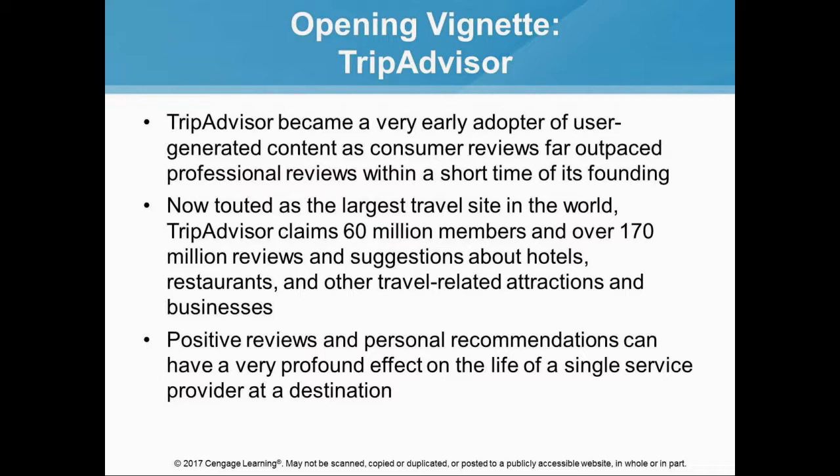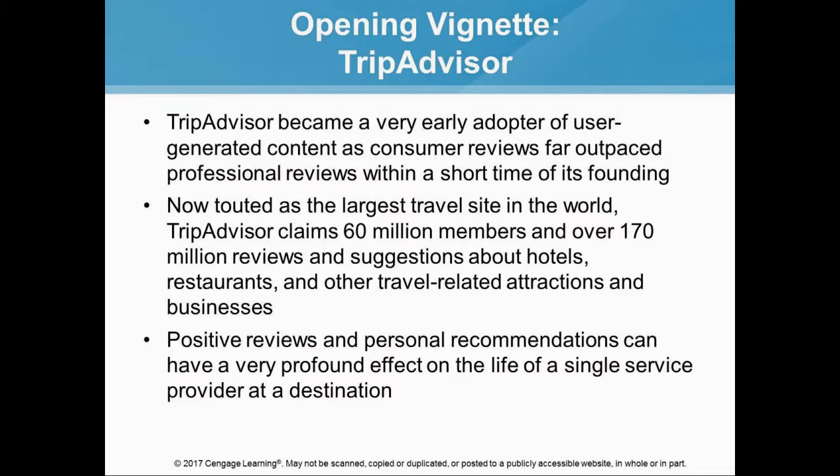Initially, the plan was to rely on guidebooks, newspapers, and magazines for the website's content. However, that model changed quickly as fellow travelers were able to contribute content by conveying their own travel experiences on the TripAdvisor website. As a result, TripAdvisor became a very early adopter of user-generated content as consumer reviews far outpaced professional reviews in a very short time.